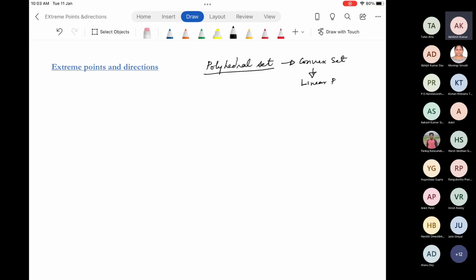Most of you have studied linear programming and the simplex method, but how exactly it works is based on the convexity of the set. If you remember any linear program, I'm just drawing it in two dimensions.